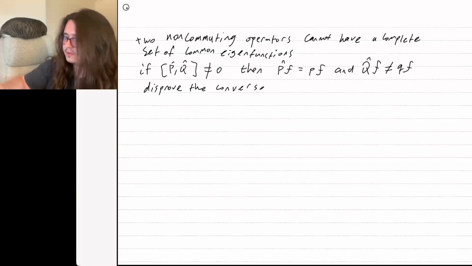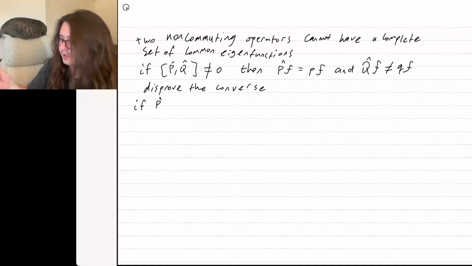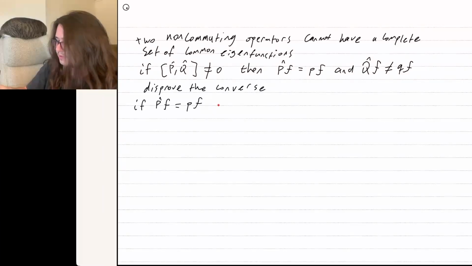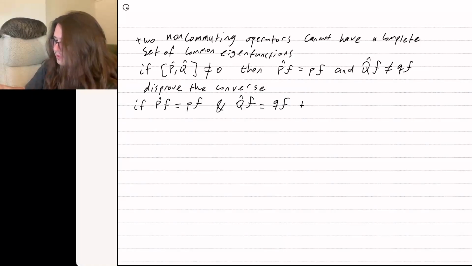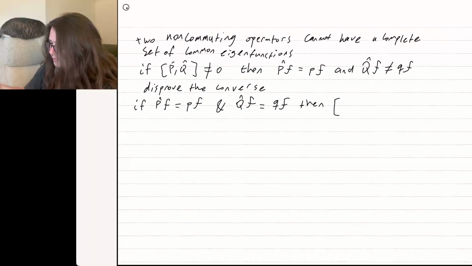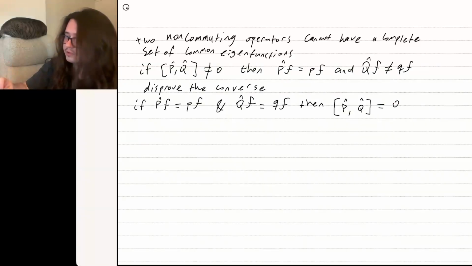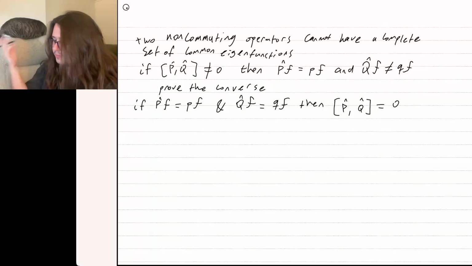We're going to say that if P and Q have common eigenfunctions, so if PF equals little p F and the operator Q acting on F is equal to eigenvalue little q acting on F, then the commutator of P and Q is equal to 0. This is what we're trying to get to.